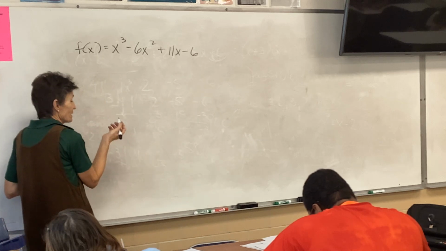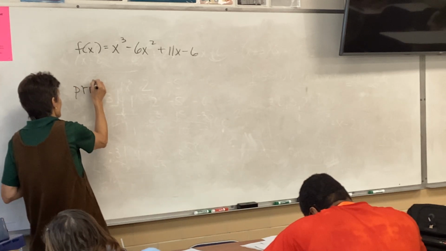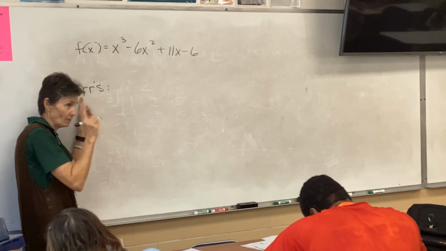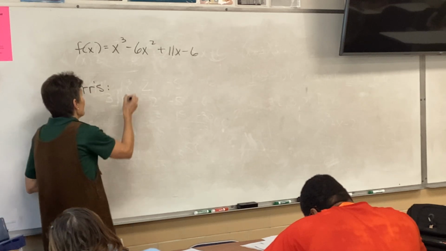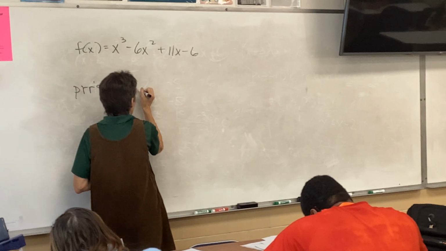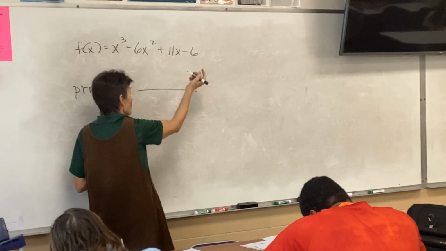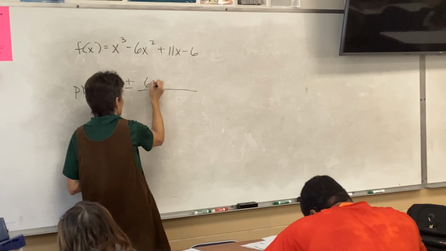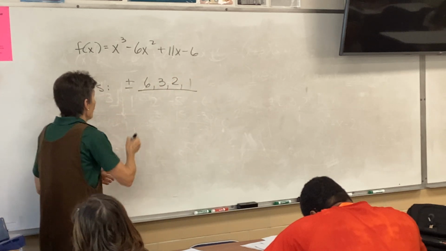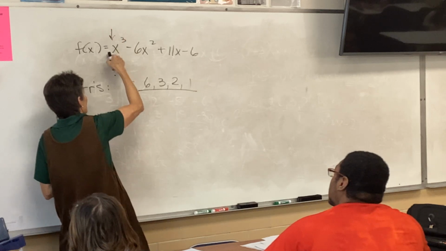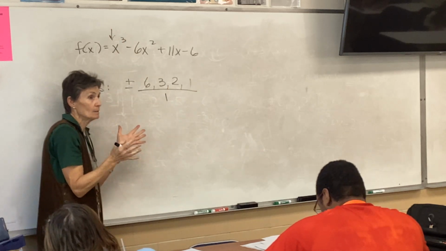Now, what am I guessing? Well, my PRRs, possible rational roots, that's the key word, possible. Factors of that, 6, so 6, 3, 2, and 1, over factors of this, which is again 1.